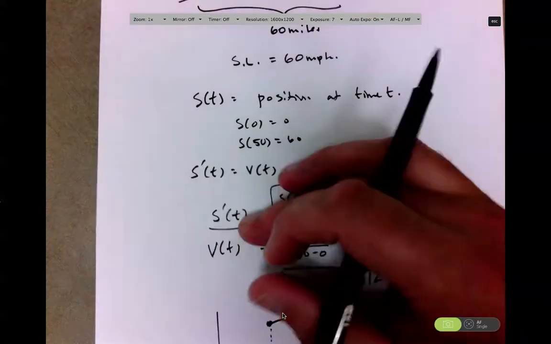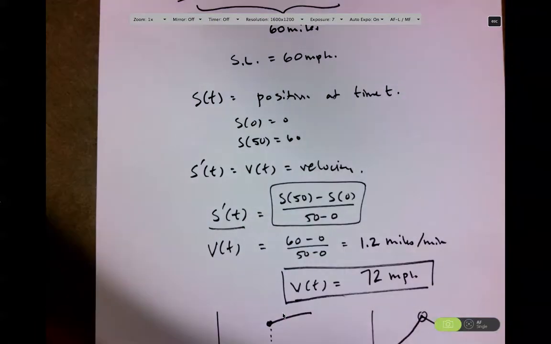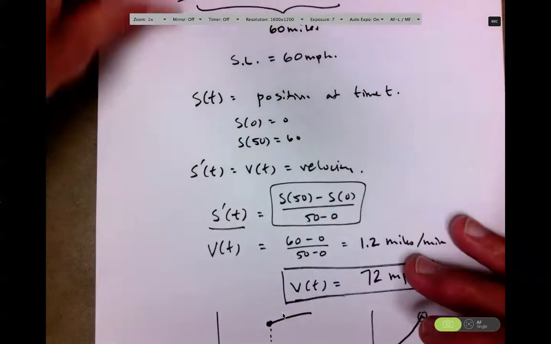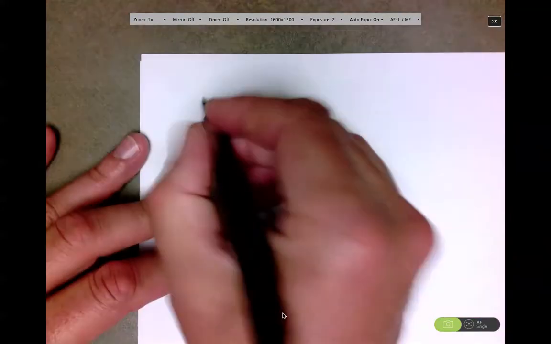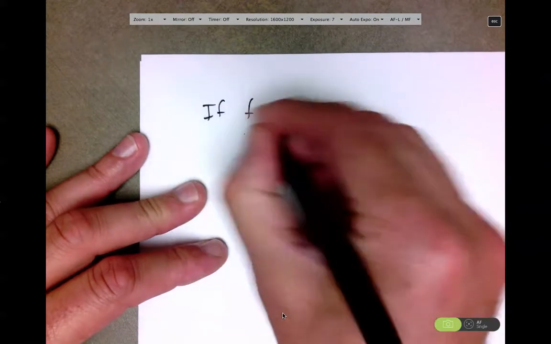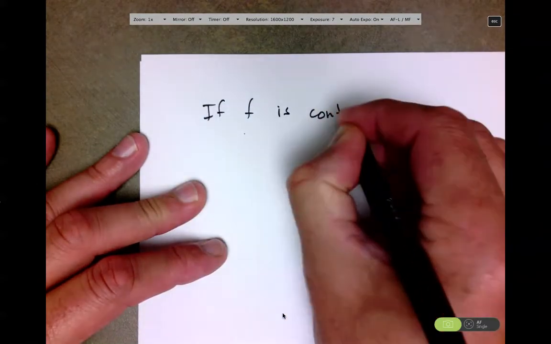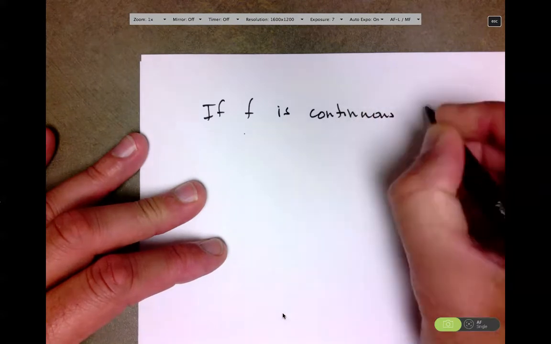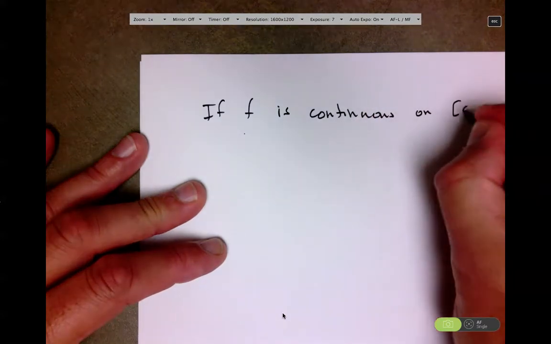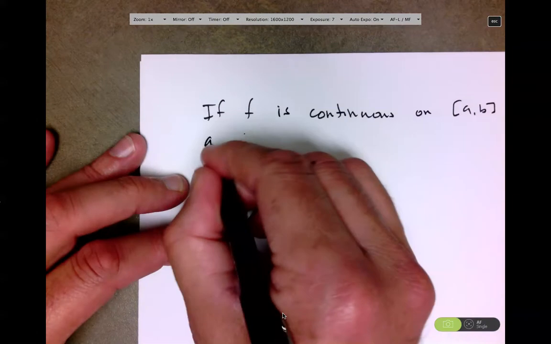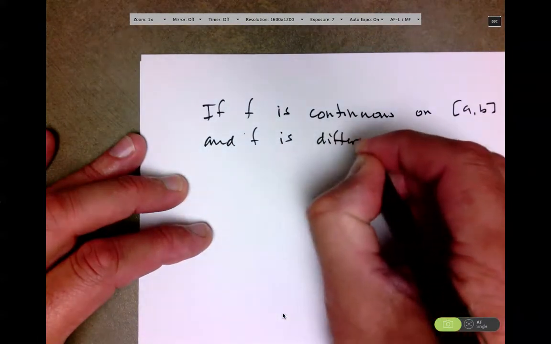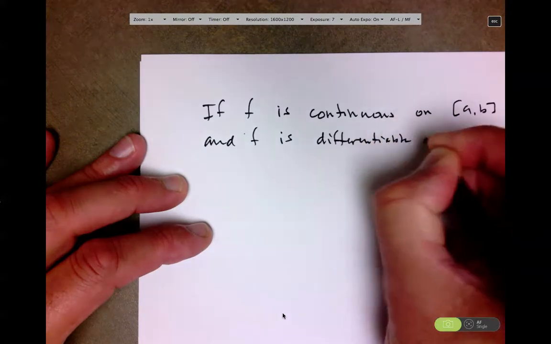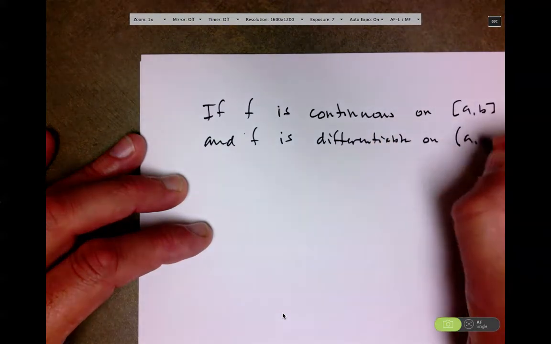There are a couple of other theorems in this section that we've already mentioned a little bit. The first one is, suppose that f is continuous on an interval from a to b, and f is differentiable on the interior of the interval from a to b.